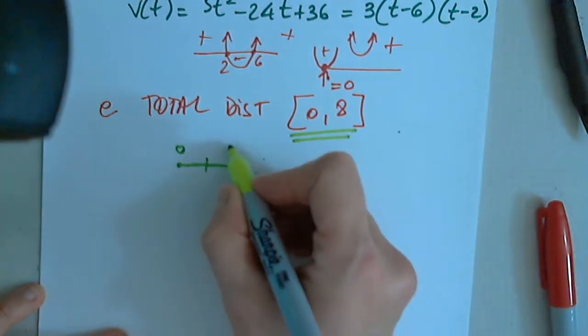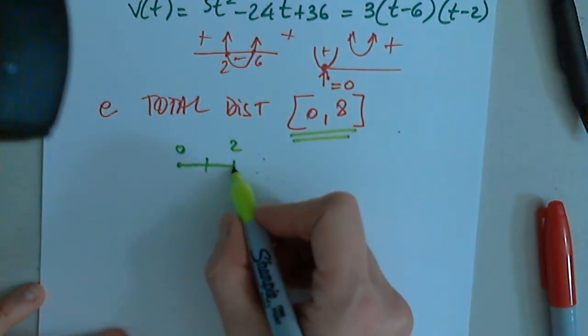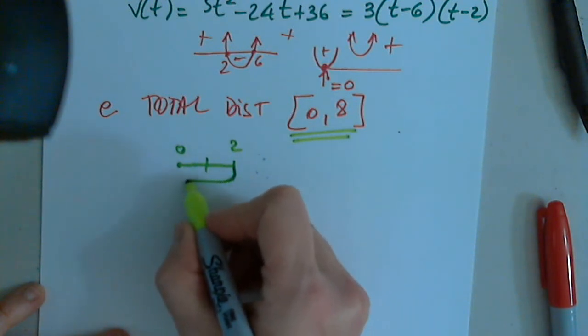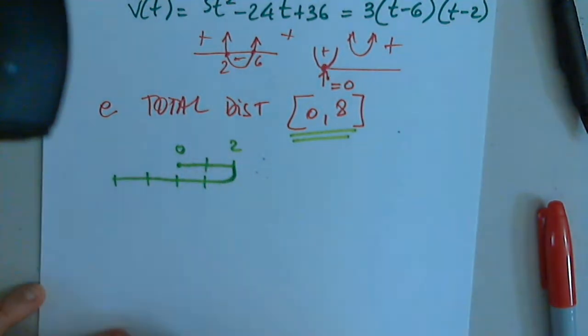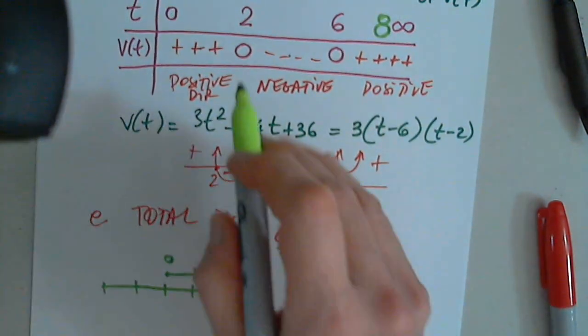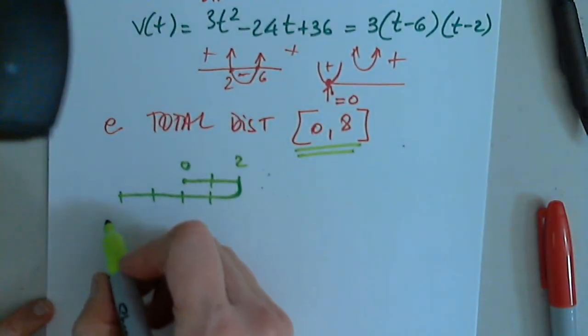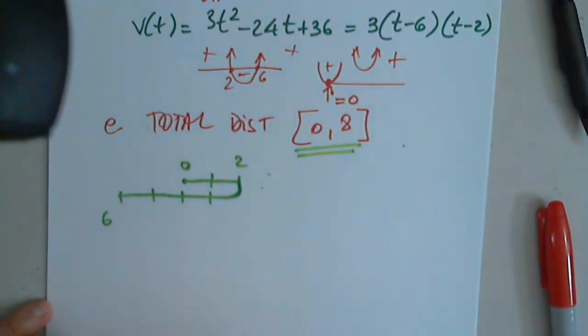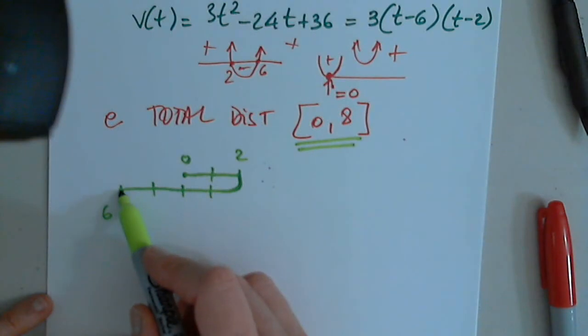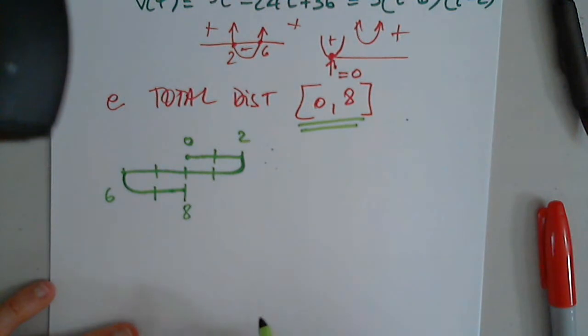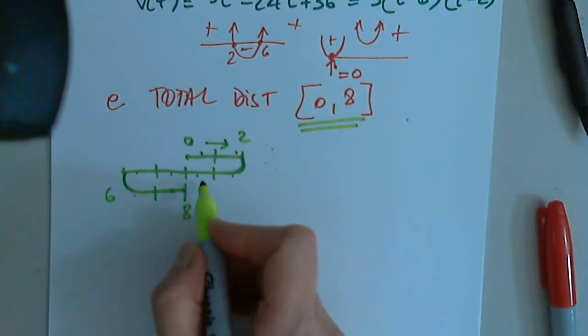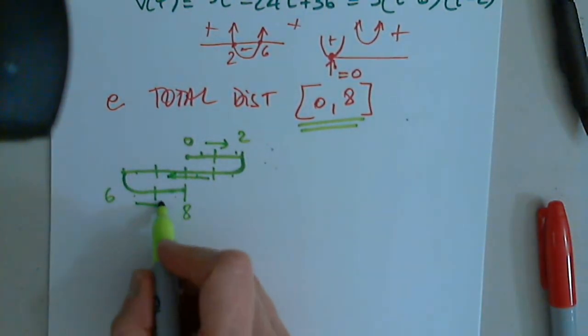It turns around and it goes back for 4 seconds, between second 2 and second 6. And then he comes back 2 more to second 8. So this is in the positive direction, this is in the negative direction, and this is in the positive direction.